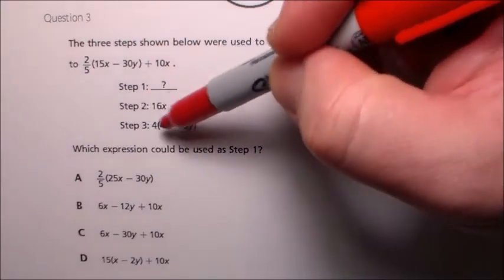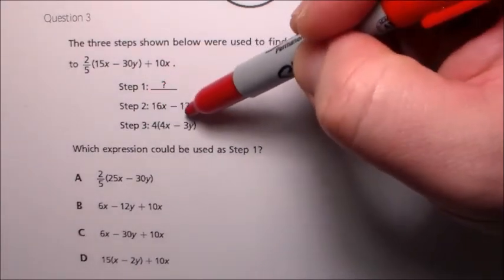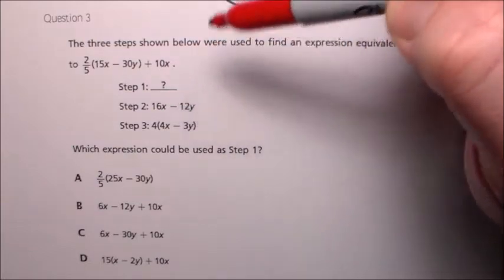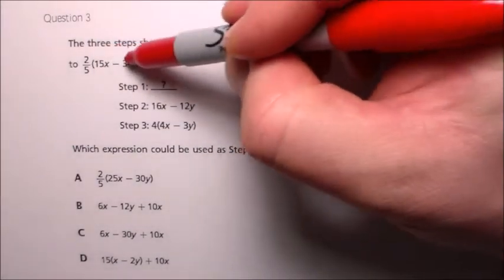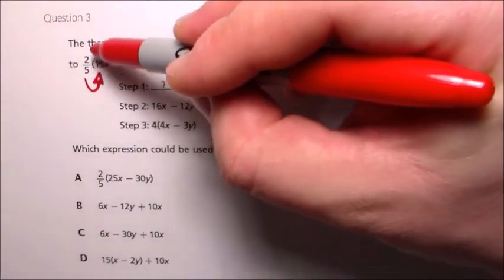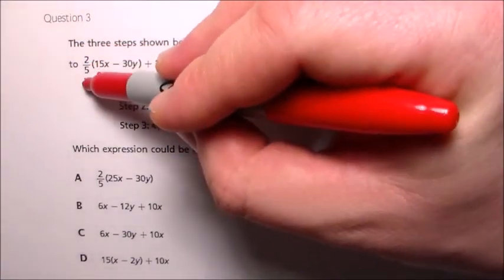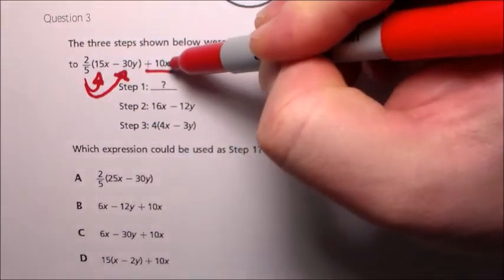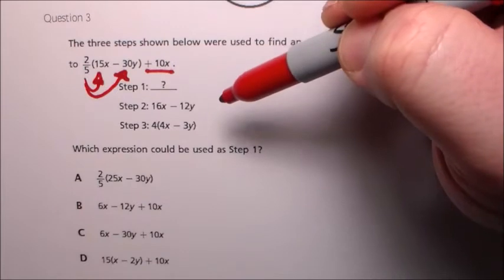Because step 2 has just 16x minus 12y. So we know we're getting rid of this parentheses in step 1. And to do that, we're going to multiply 2/5 times the numbers inside the parentheses. And we're going to keep plus 10x, because that's just going to be kept.